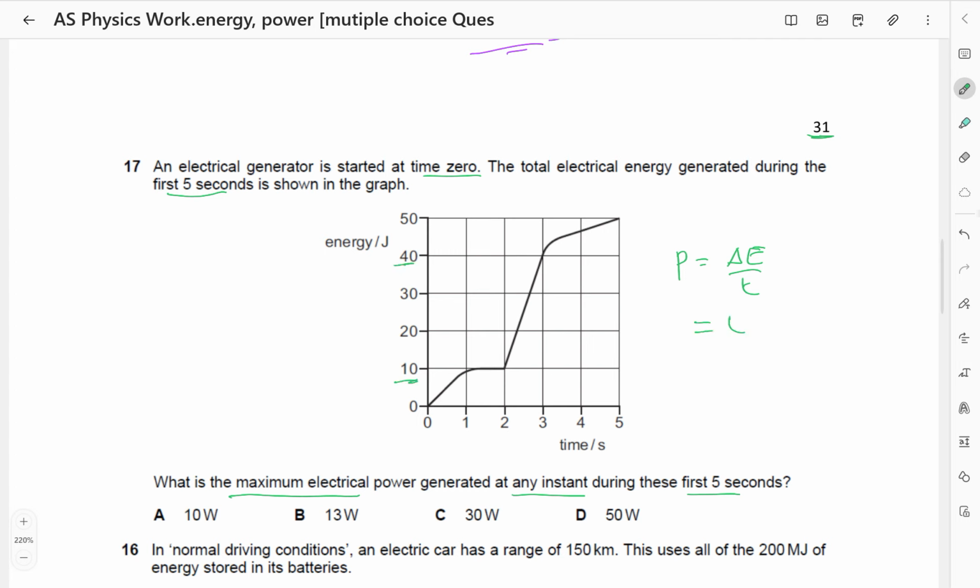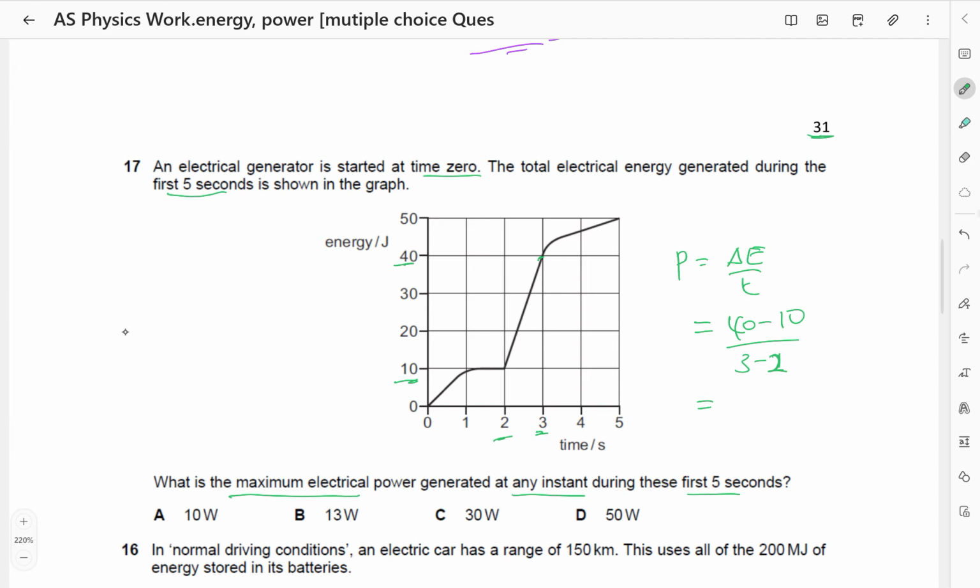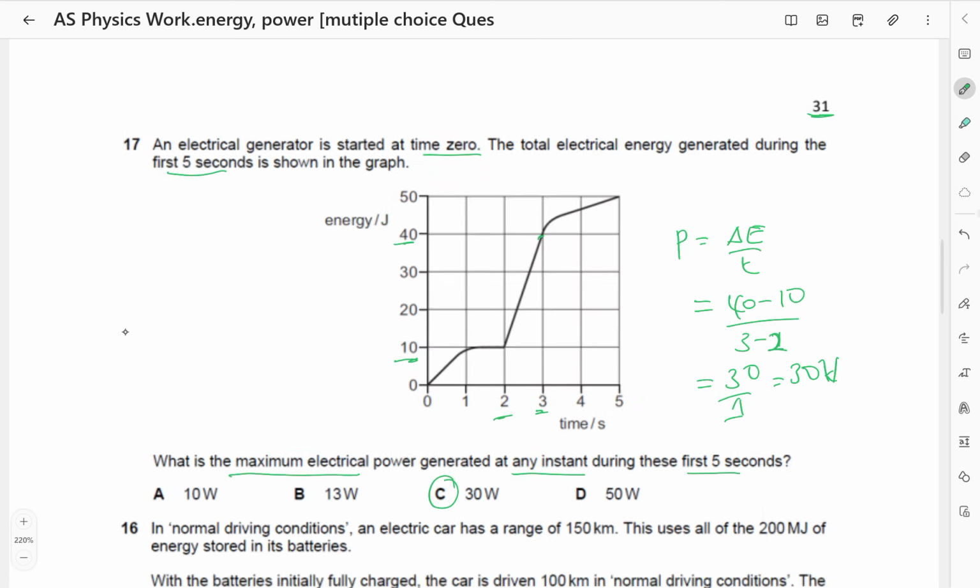So the power is 40 minus 10 divided by the time, where 40 corresponds to 3 seconds and 10 corresponds to 2 seconds. So this is 3 minus 2, not 3 minus 1. That is 30 divided by 1, which makes it 30 watts. So the answer here is going to be C.